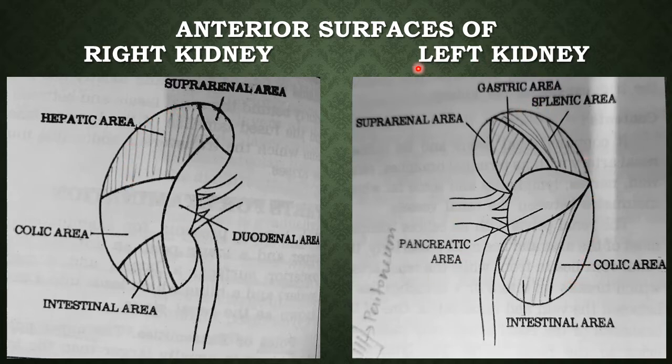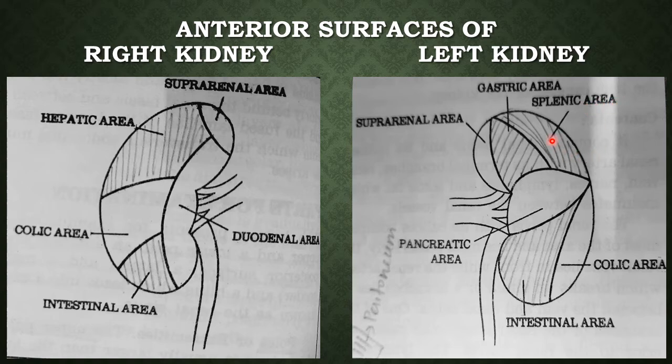In the left kidney, we can see that the upper pole as well as the upper part of the medial border is covered by the suprarenal gland. Then the lateral border at its upper half is covered by the spleen.